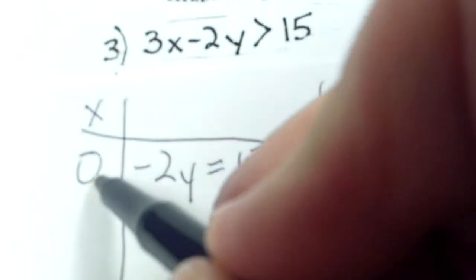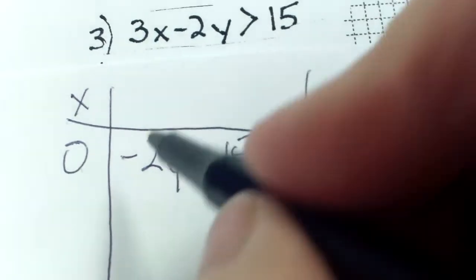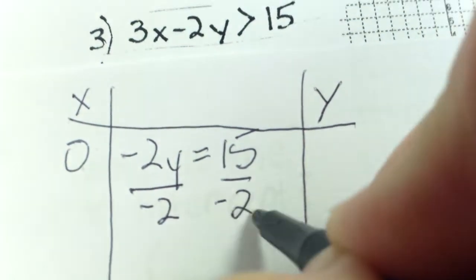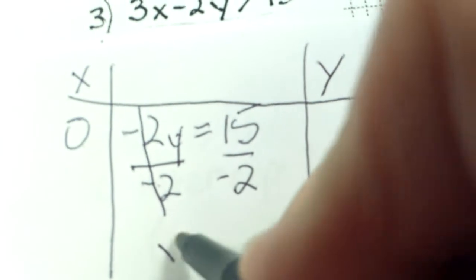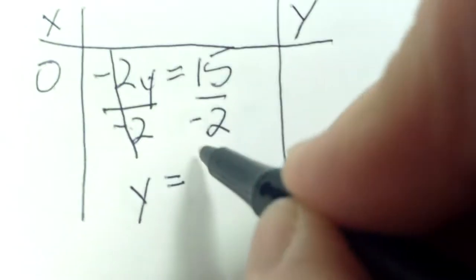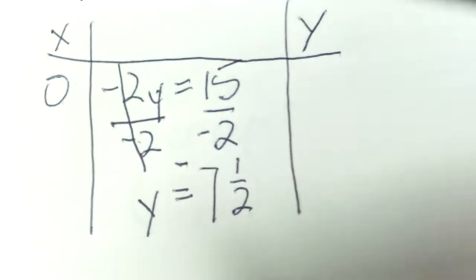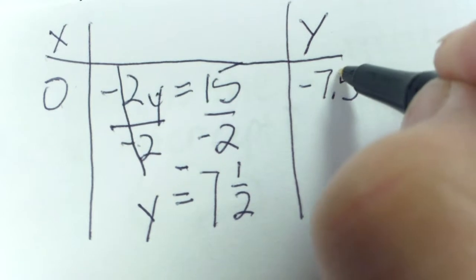I can say equals because we're only working on the point right now. We're not figuring out the line or shading. We're going to divide by -2 on both sides. This is 1 whole. 1 times y is y. And 15 divided by 2 is 7.5. And a positive divided by a negative is a negative. If you want, you can call it -7.5.